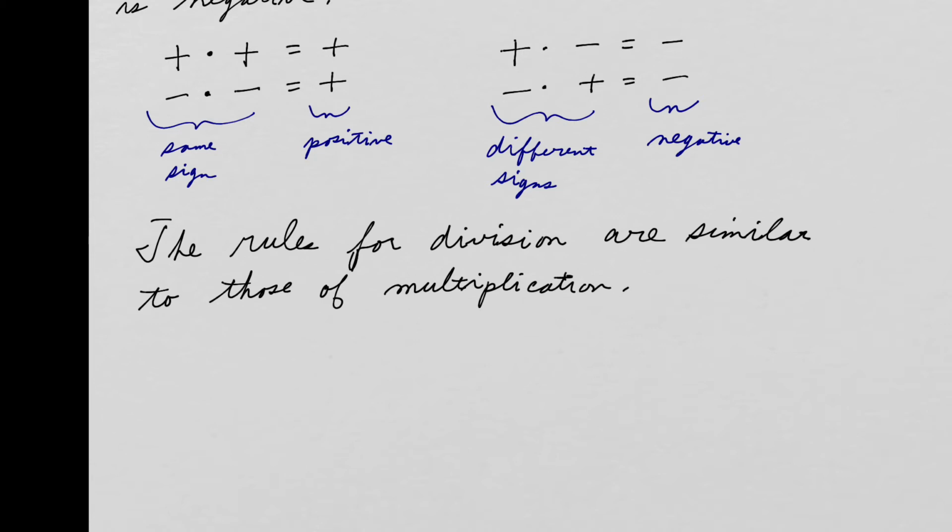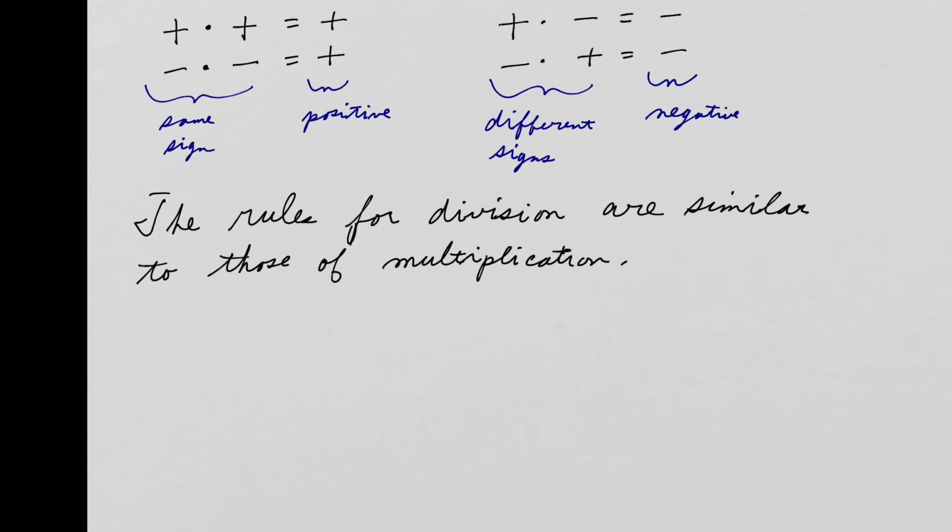Instead of writing out the rules in words again, let me just use this shorthand notation here. So if I divide two numbers, you can either write it as a ratio, which means division, or I could write it like this with the division symbol.